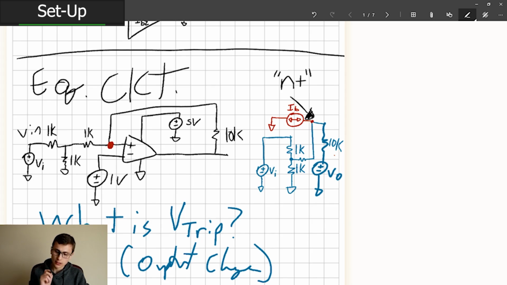So let's try to consider this model and do some calculation with it to find V trip. Let's apply what we've just learned about Kirchhoff's laws and building node equations and mesh equations. And yeah, we've got a current source, we've got some voltage sources, we've got some resistors. Let's see what we can do.